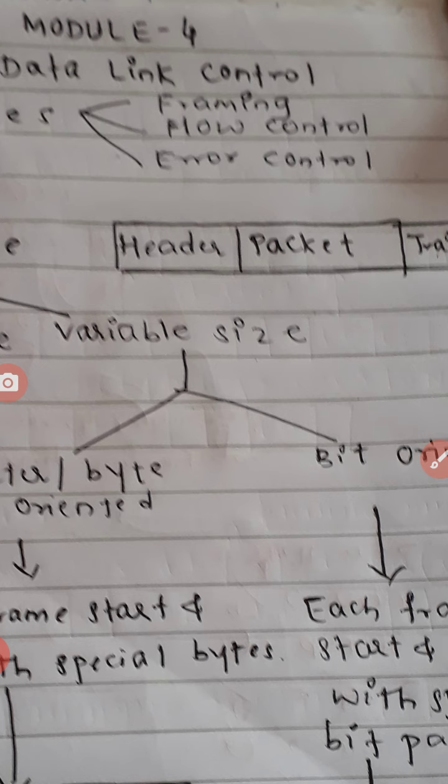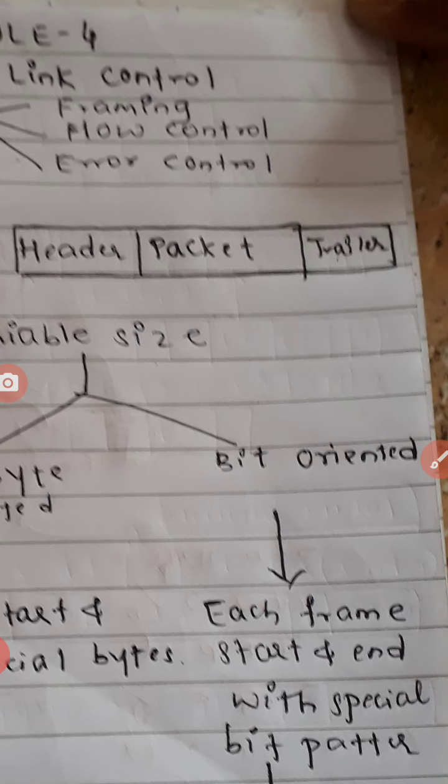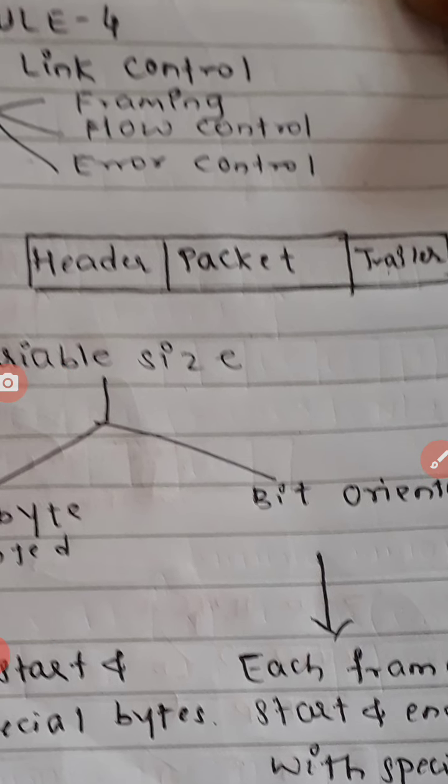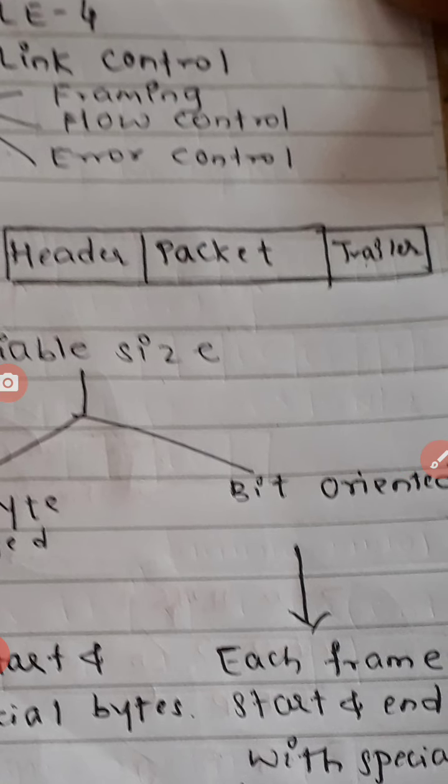Before starting with framing, we'll understand what we mean by a frame. I think everyone can see this diagram. This diagram represents a frame. The packet is nothing but the message, or original data, or the payload, which is received by the network layer and passed to the data link layer.